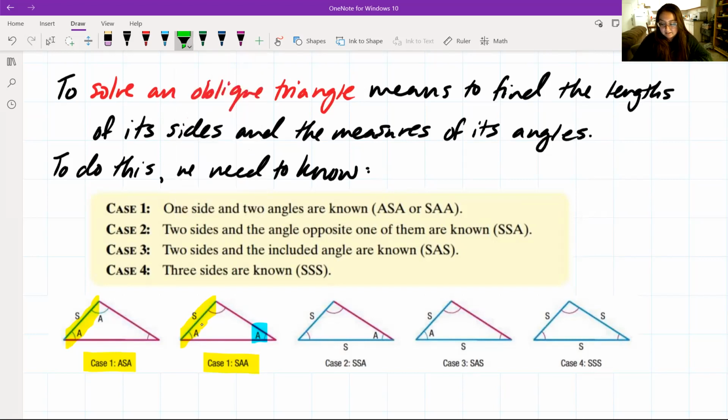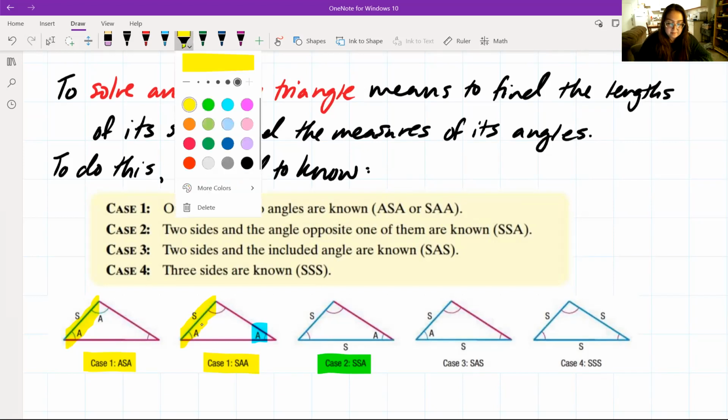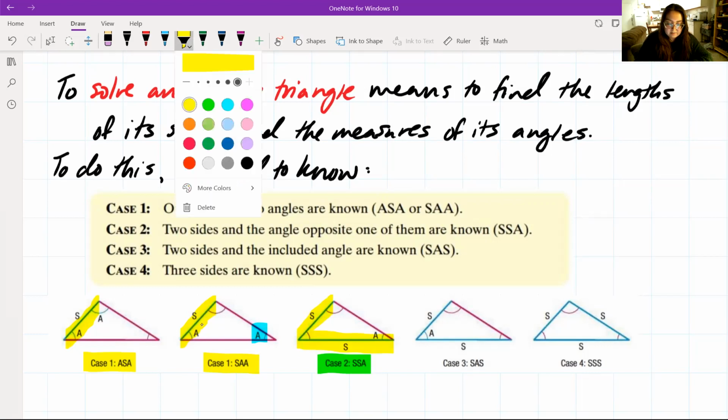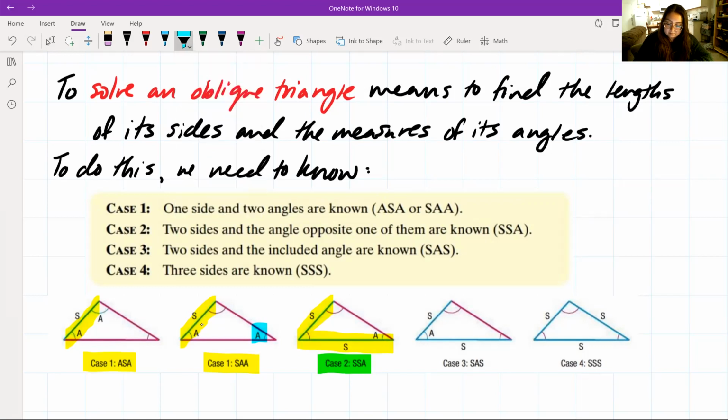Then for case two, we have side, side, angle. So this is two sides and the angle opposite one of them are known. This angle here is known and corresponds to our opposite side.